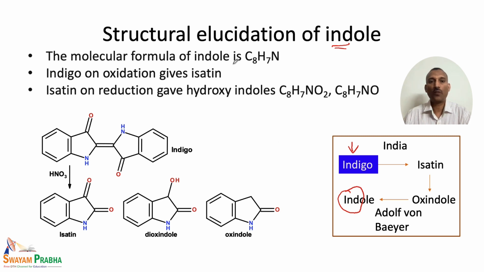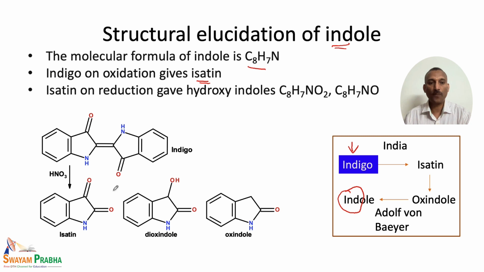The molecular formula of indole is C8H7N. This indigo on oxidation gave isatin, so that is how they found out the structure of indole, and isatin on reduction gave hydroxyindole. The structures are given here.